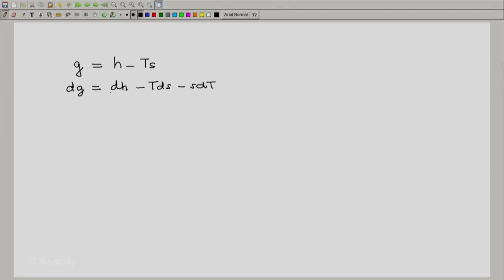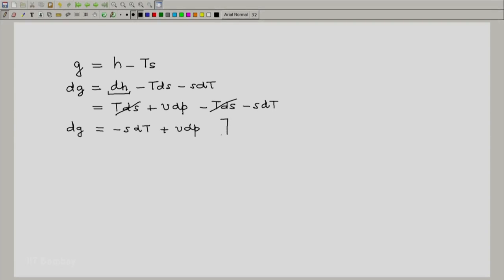Now we know that dH has already been expanded as TdS plus VdP. So the full expansion is TdS plus VdP minus TdS minus SdT. So these two terms cancel out and we have dG equal to minus SdT plus VdP.